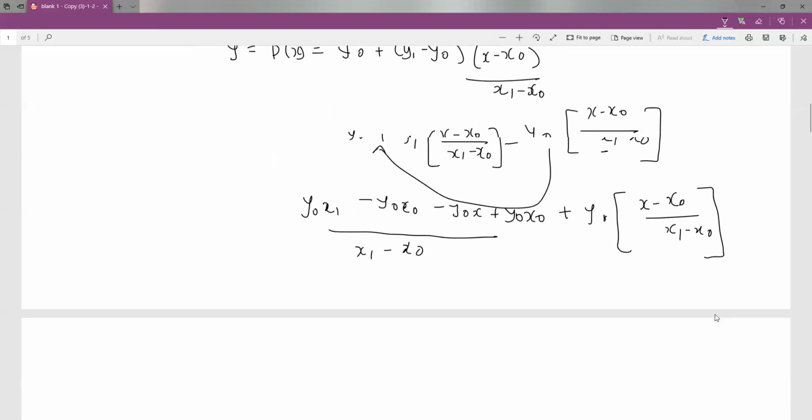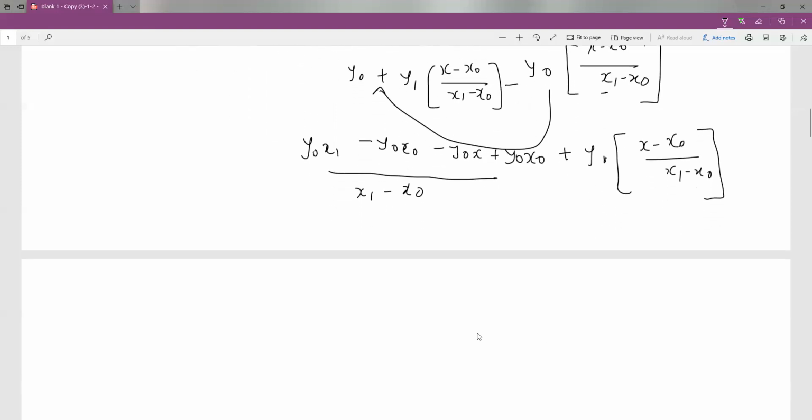So we try to simplify this: these terms are going to be cancelled. These positive and negative terms will be 0, and we will take y0 common on the left side.